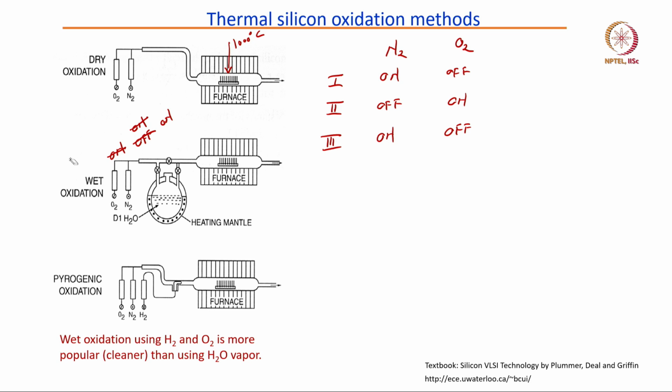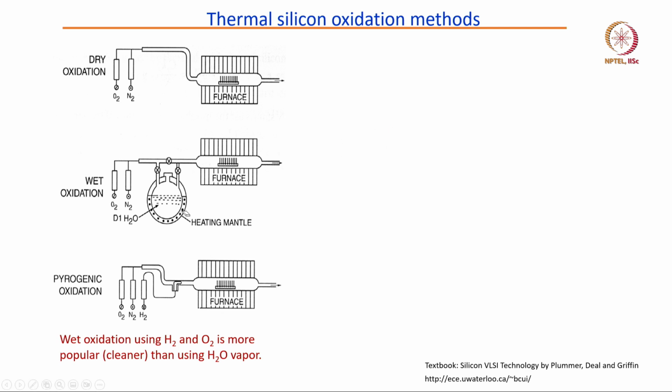In the wet oxidation technique, we have a bubbler. In the bubbler you fill H2O, which is water, and the bubbler has a heating mantle through which the water will heat and form water vapor, and we have the water vapor with us. Now, initially again, these are through valves: valve 1, valve 2 and valve 3.